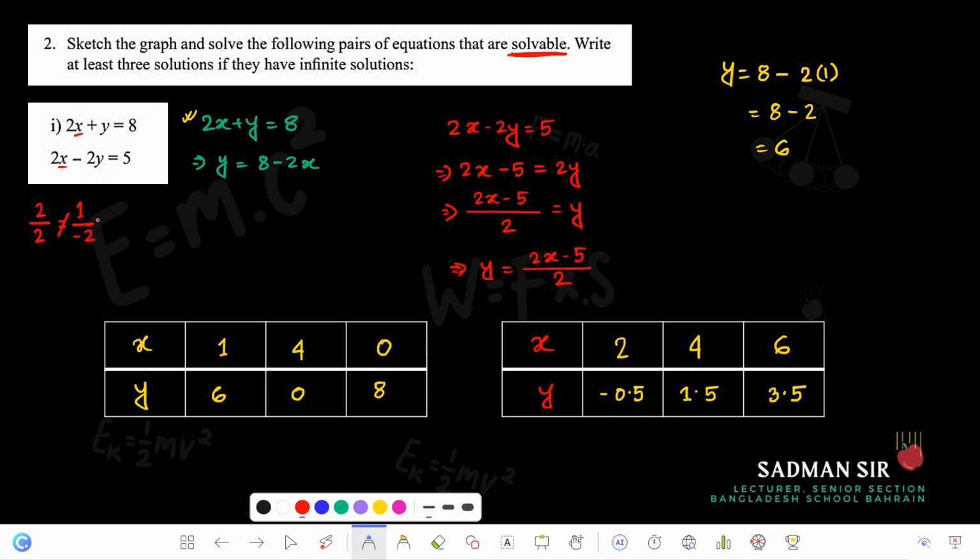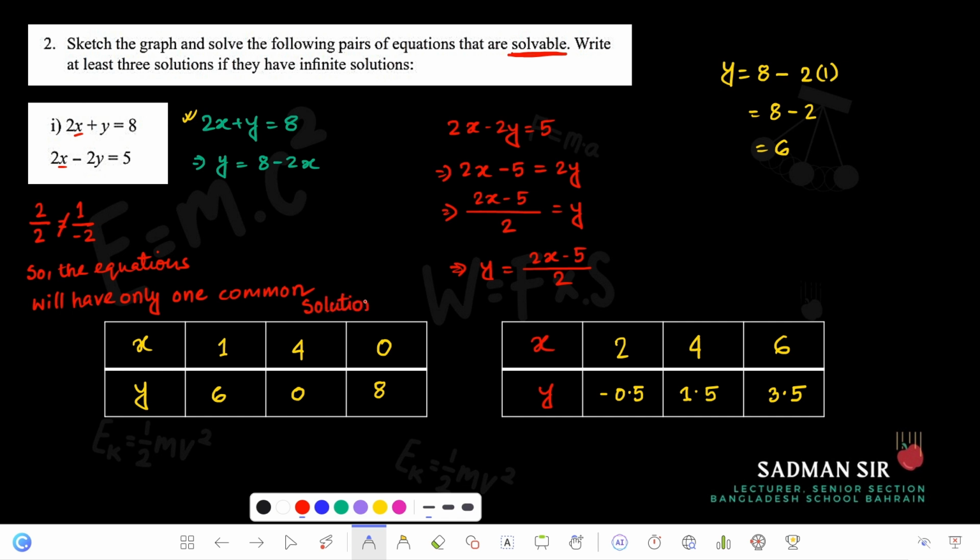So as they are not equal, there will be only one solution. So the equations will have only one common solution.